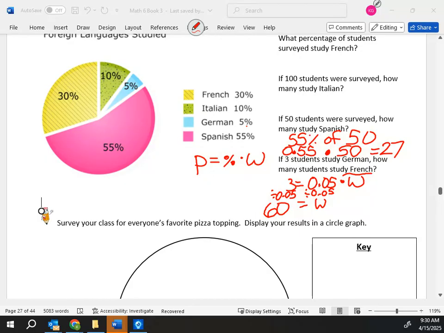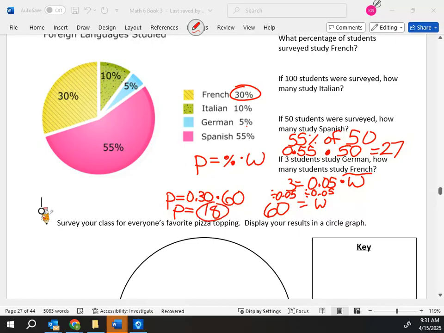I take that percent, 0.30, for my French. I want to find that part that took French. So 0.30 times our whole number of 60. So how many students took French? Kylie? 18.